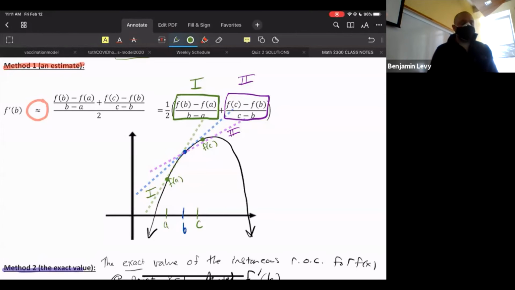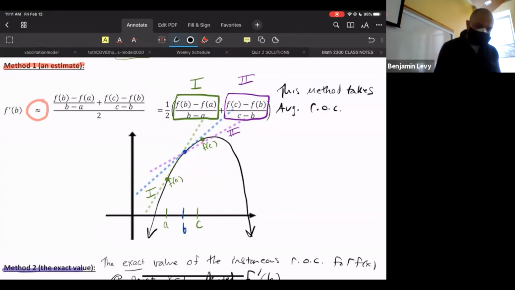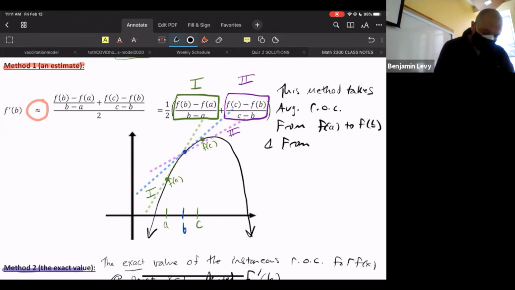Let me just make a quick note of that on the side here. So what we're doing in this method is it takes the average rate of change from f of A to f of B, so a little bit before B, and from f of B to f of C, and averages those rates.